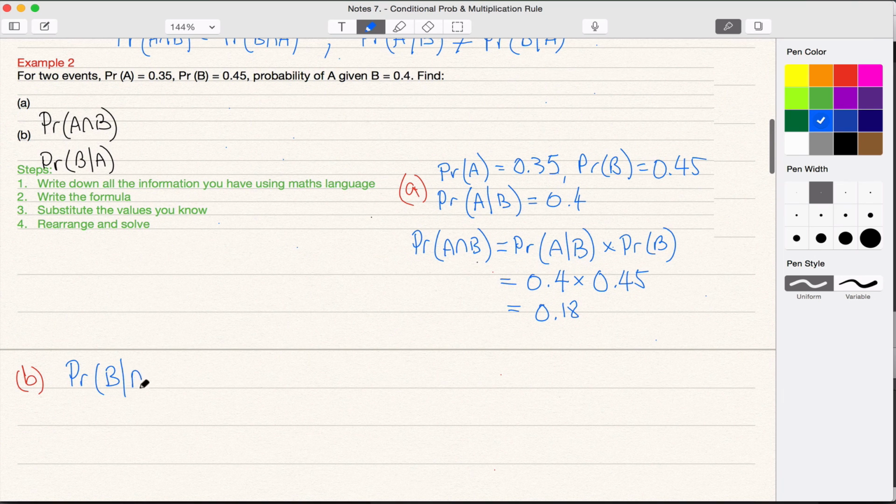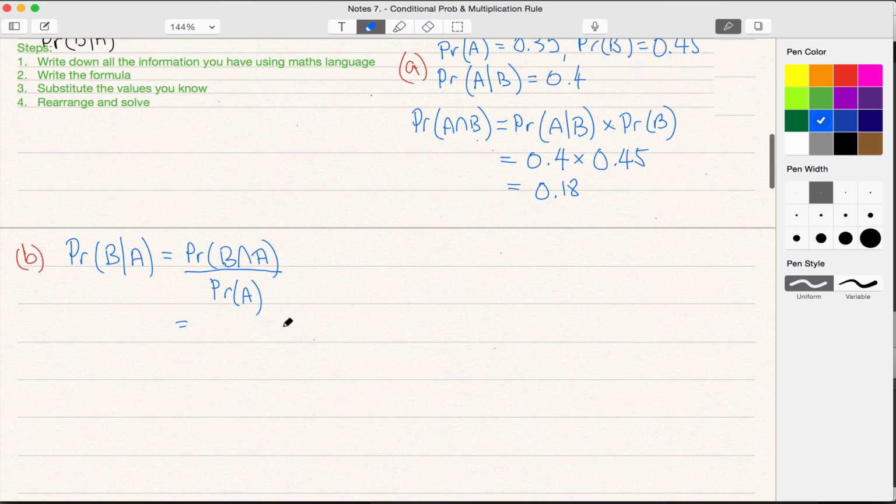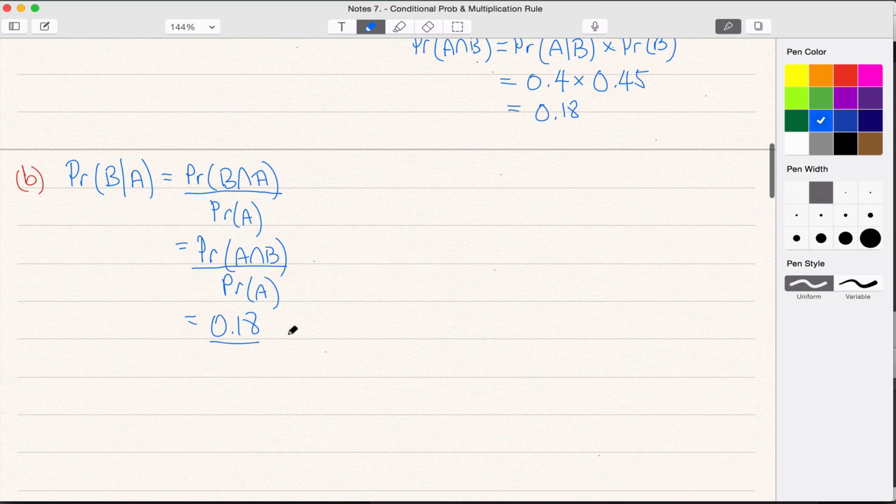Probability of B given A equals the probability of B intersect A over the probability of A, which equals probability of A intersect B over the probability of A, which equals 0.18, this is from up here, over 0.35, and it equals 0.51.